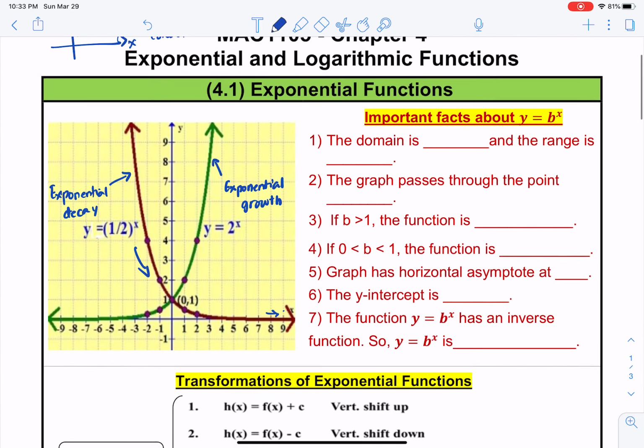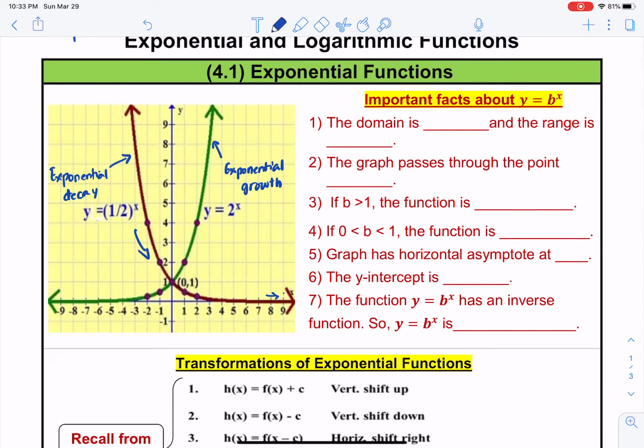If you look at the graph, we can see the domain is from negative infinity to positive infinity. The y values start at 0 all the way up to infinity.